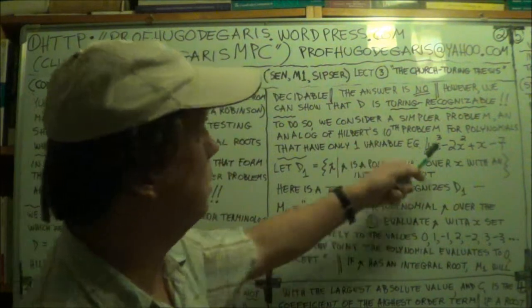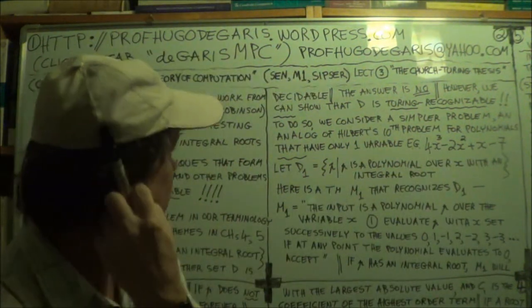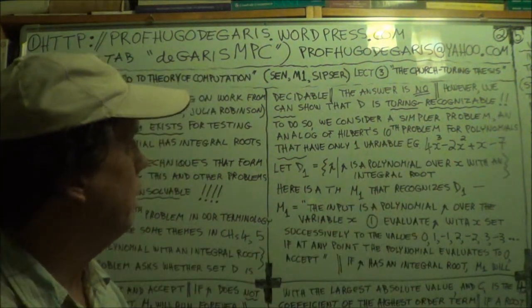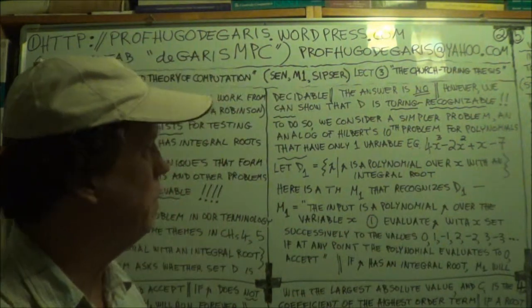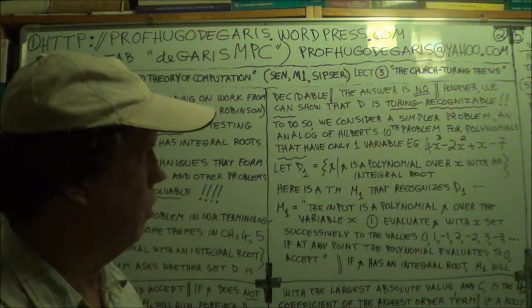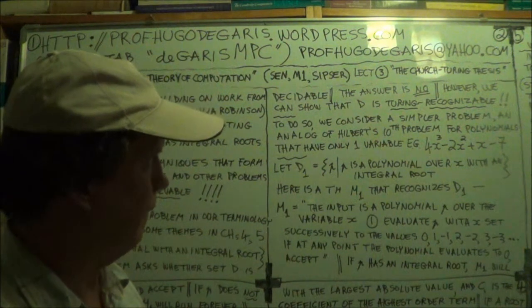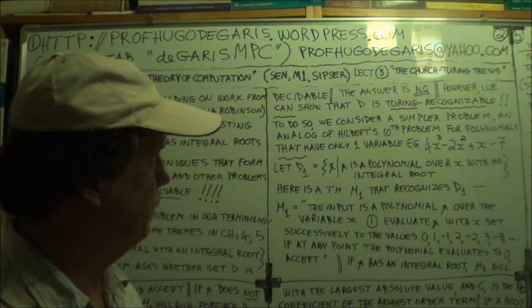All right, so let's concentrate now on this simpler polynomial with just one variable, just x. Can we create a Turing machine that would recognize it? Now, what does that mean?